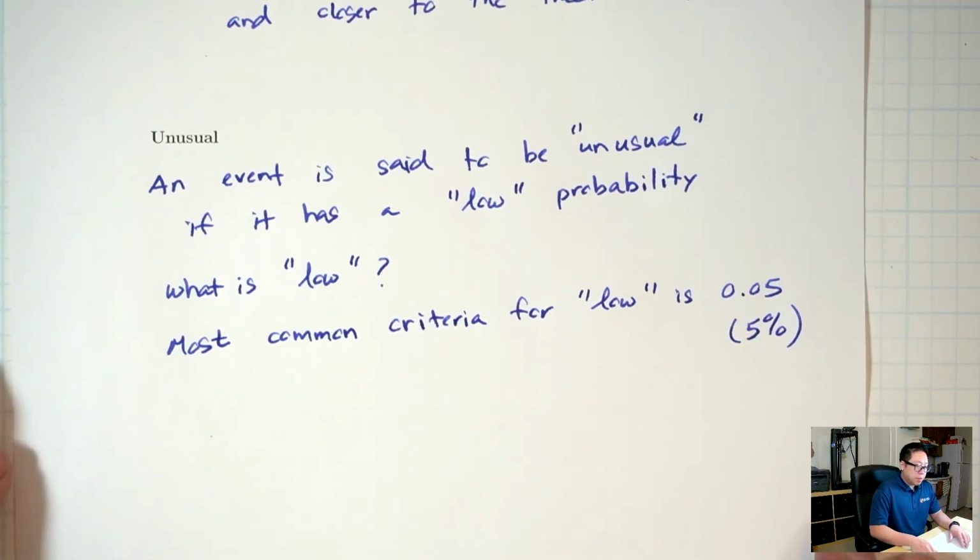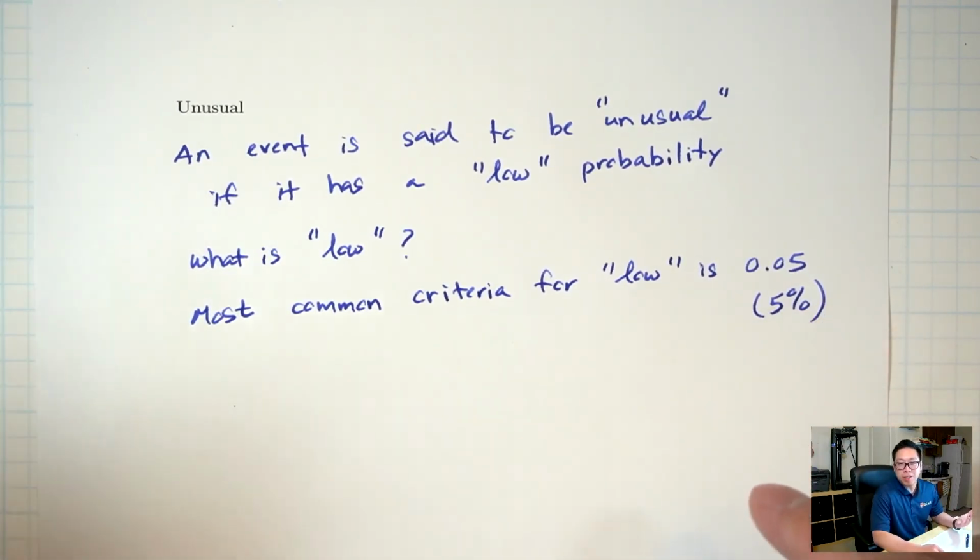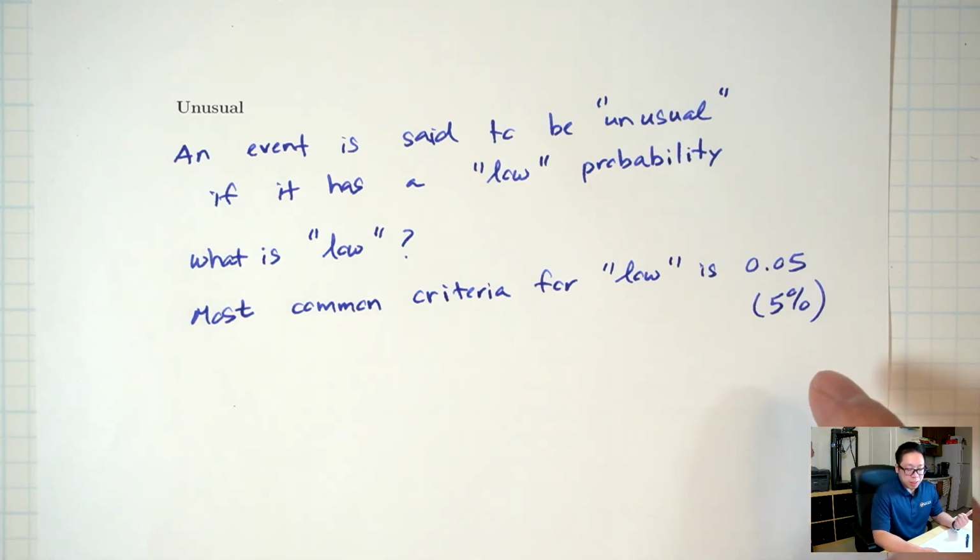Now, you have to be careful here because this 5% criteria is very situation dependent. 5% just means 5 out of 100. If we're talking about 5 out of 100 catching a certain disease, that's kind of low, that's not a lot. If we're talking about airplanes crashing, 5 out of 100 airplanes crashing, I don't know about you, but to me, that's kind of high.